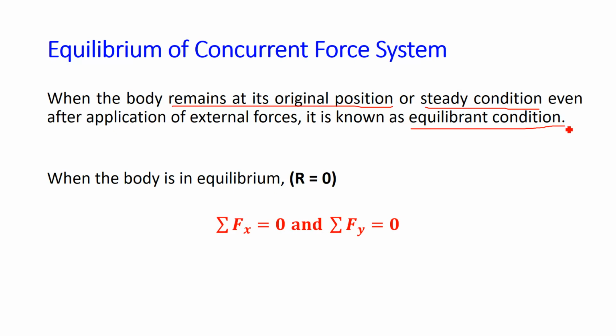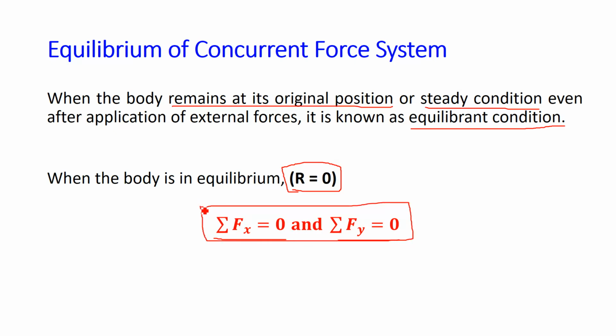So when the body is in equilibrium condition, the resultant of the force system is always equal to 0. And if the resultant is equal to 0, it means summation of Fx equal to 0 and summation of Fy equal to 0. So these are called the equilibrium conditions of a concurrent force system.